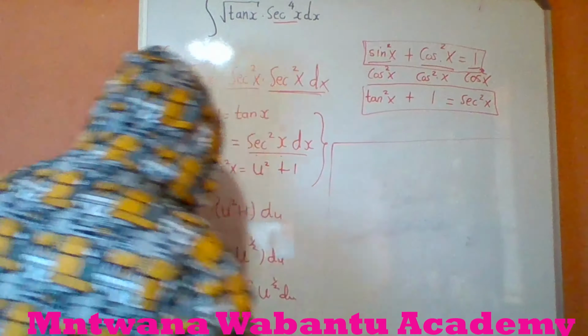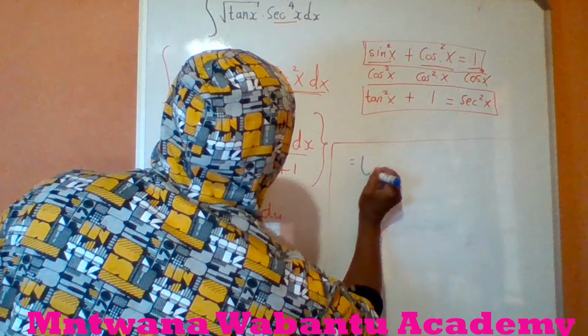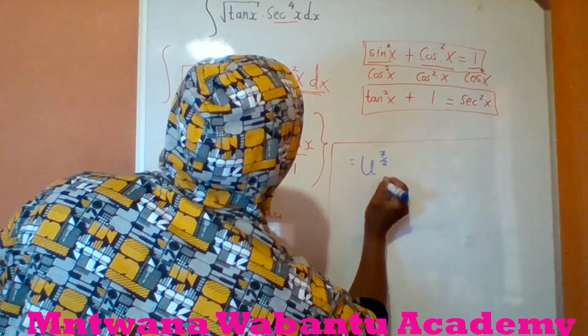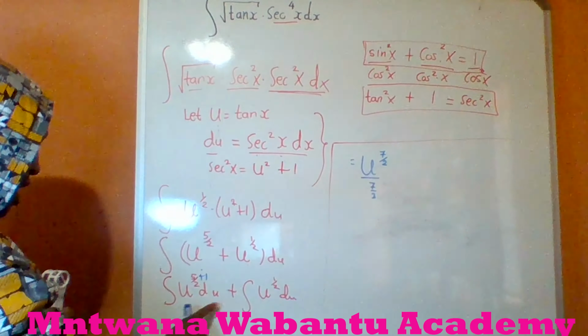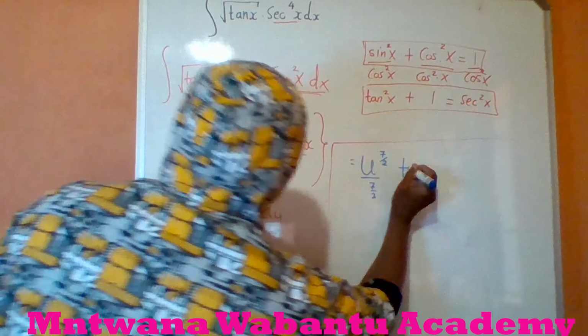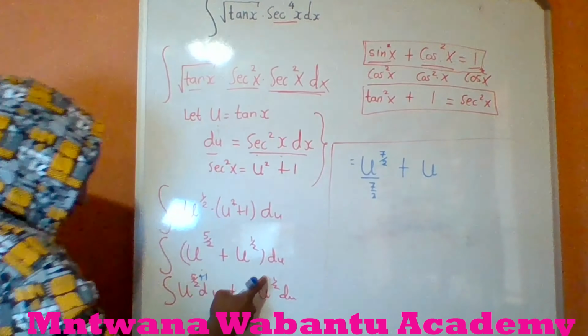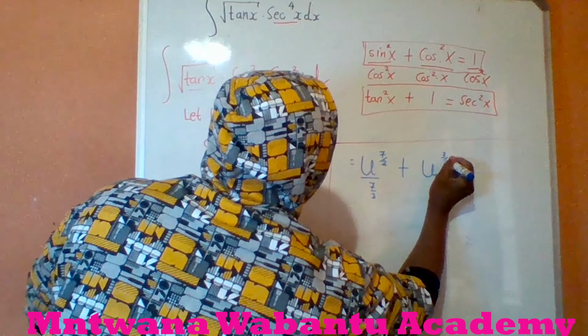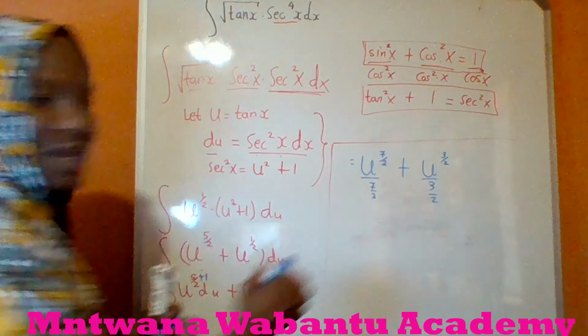So when you integrate, you add 1, so it's going to be u to the 7 over 2, and the same thing right underneath as the denominator, and then we plus, because there's a plus there, a half plus 1 is going to be 3 over 2, so u to the 3 over 2, and write the same 3 over 2 underneath. So the integral falls apart, and then we add plus c.